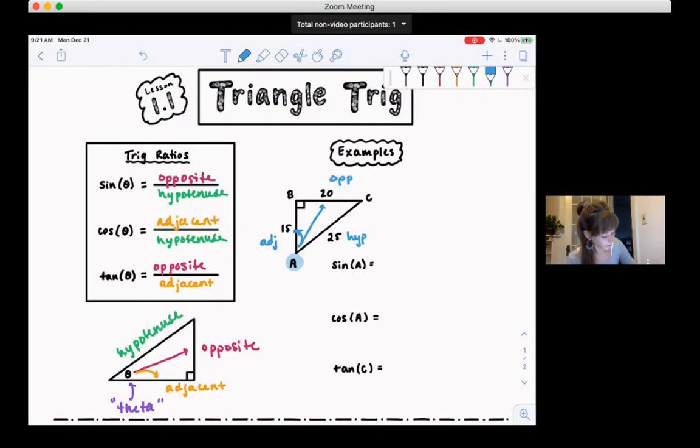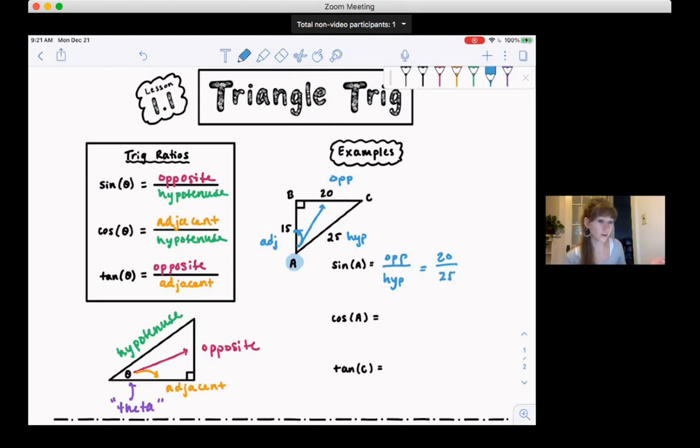Sine of A is defined as the opposite side divided by the hypotenuse. Opposite side is 20, hypotenuse is 25, so sine of A is 20 over 25.